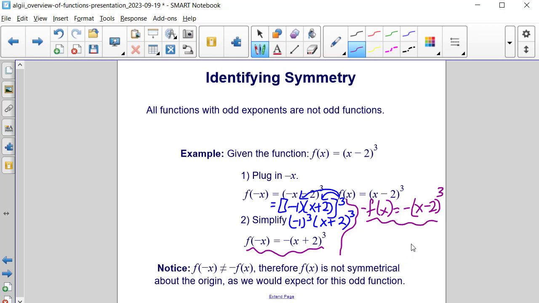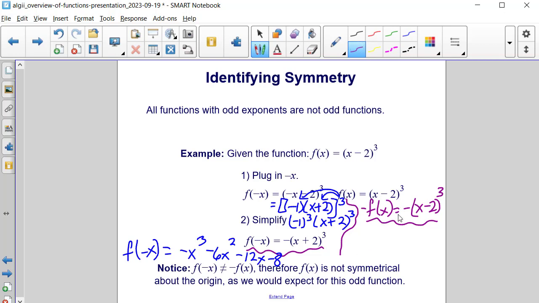Therefore, it is not symmetrical about the origin, as we would expect with only seeing an odd exponent in our function. Another way to show that this is not an odd function would be to expand both f of negative x and negative f of x. F of negative x can be rewritten when expanded as negative x to the third minus 6x to the second minus 12x minus 8.